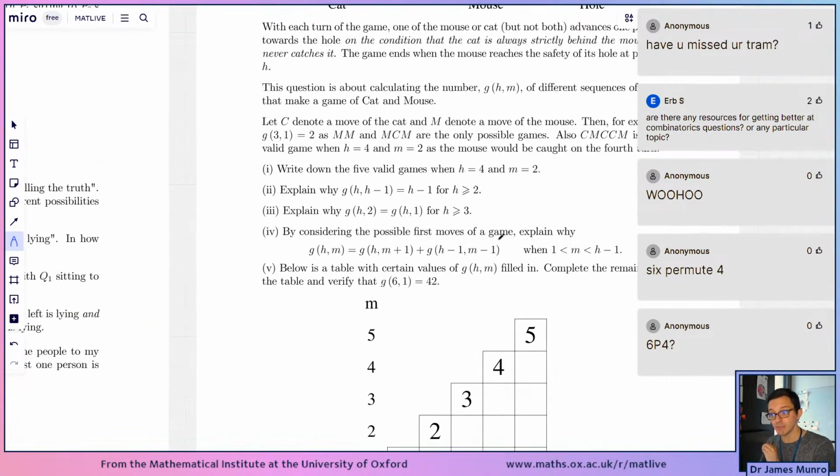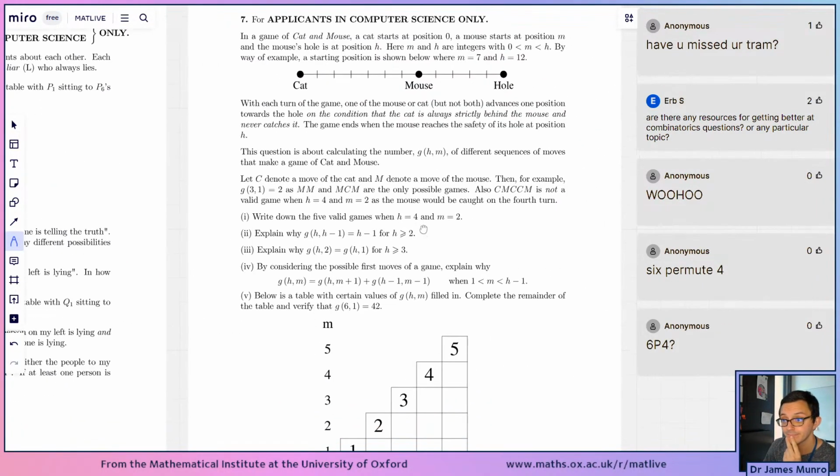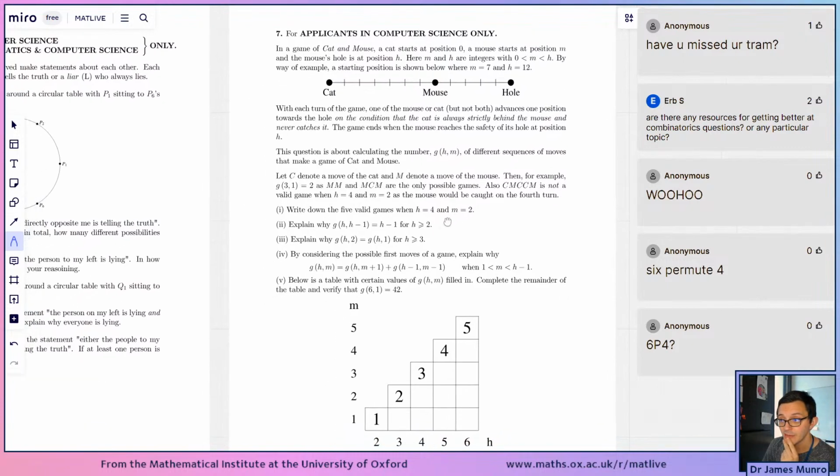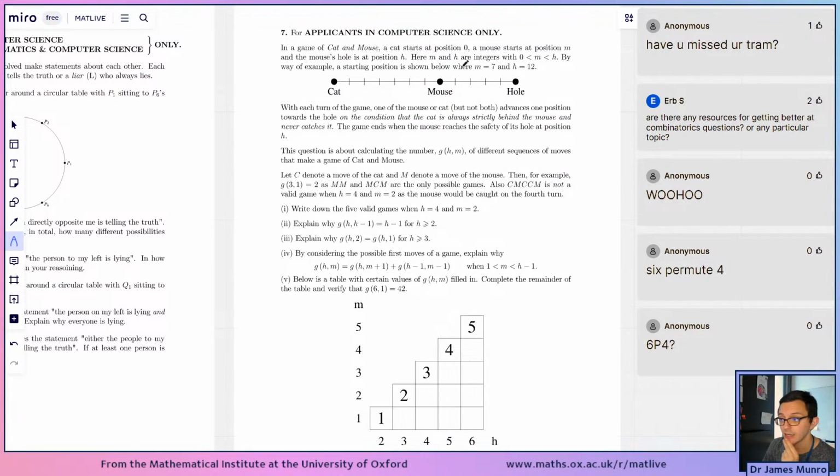I think this kind of recursion, by the way, is worth having a look at. Whoever you are. I know it says for applicants in computer science only. We saw some computer science applicants in chat earlier. Hey, there's this condition here, and this kind of relationship, and it's described as a sequence of moves. So there's this kind of a relationship that I was just talking about, where you have some counting to do with these objects, which are games played by cats and mice, but then we translate those into a sequence of moves and we count those instead.